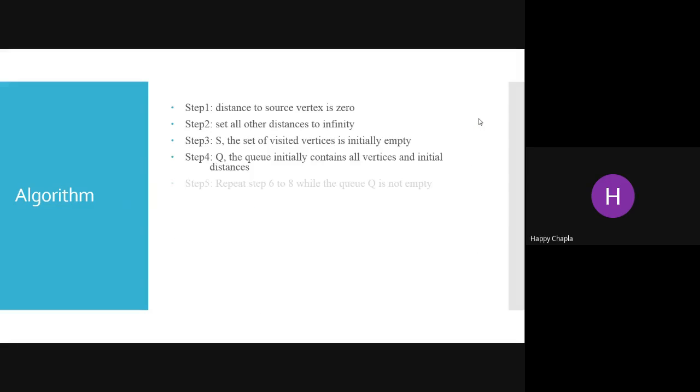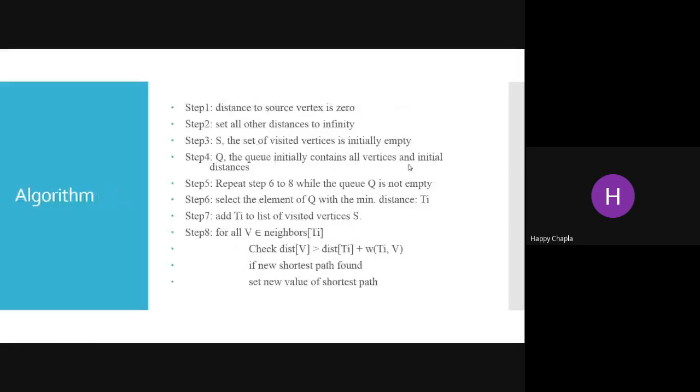Okay, now here in step number 7, we have to add that particular visited node's edge weight. I'm saying weight, we add the distance and weight, not of the adjacent, but the total from source to destination. Now for all vertices belonging to the neighbors of Ti, we have to traverse from the next neighbor to the next vertices, only then will we be able to find the total.